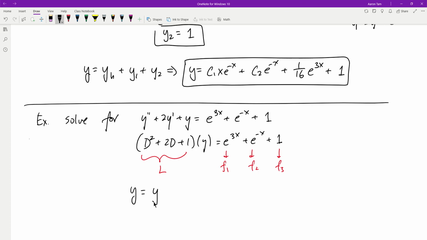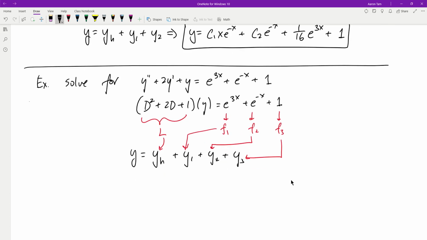So our solution y should look like y sub h plus y sub 1 plus y sub 2 plus y sub 3, where the L dictates what y sub h will look like. f1 dictates y sub 1, f2 dictates y sub 2, f3 dictates y sub 3. In this case, we already know some of these, so let's try to figure it out.